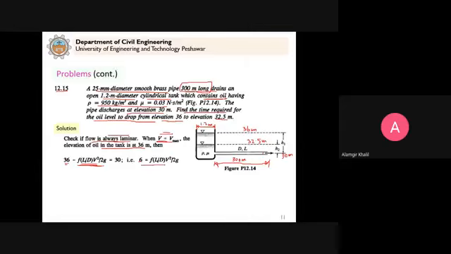Now in this case, what is f? Velocity is unknown. f we can eliminate, because if we assume laminar flow, then we already know that f is equal to 64 by Re. This is what we studied. And Reynolds number is rho V d by mu. Now what we do is we put this value here, and then this f we put here.